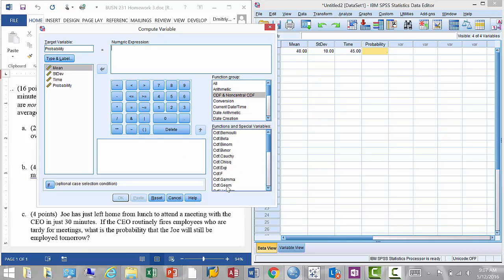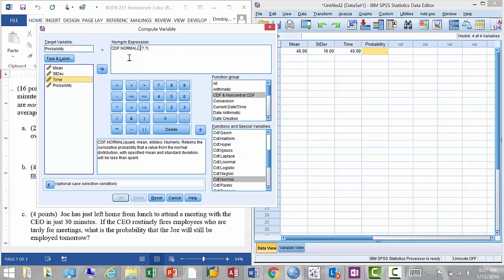And I need to pick the CDF function for normal distribution. There it is. The first thing that it asks for is the quantity. That is my time, 45 minutes. The next thing that I have to bring over is the mean, that would be 40, and then the standard deviation, the last one.